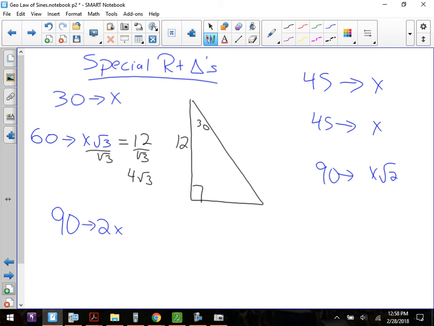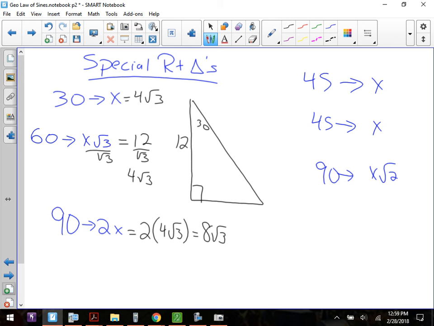So everywhere I see an x now, I'm going to replace it with 4 root 3. Just like we've done in the past. That doesn't change. You're using those ratios to work yourself through that algebra jig of a problem.